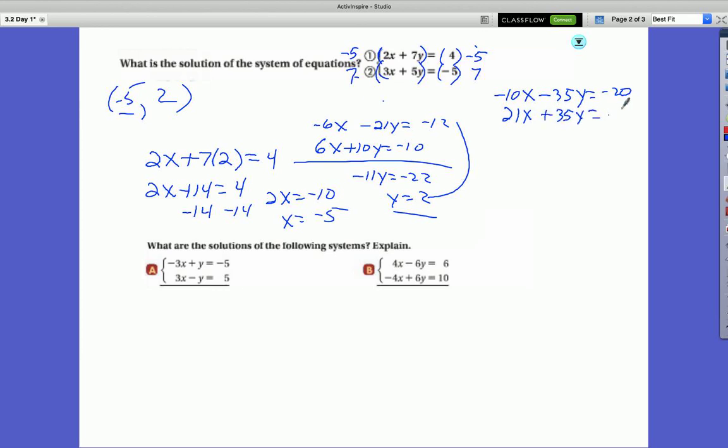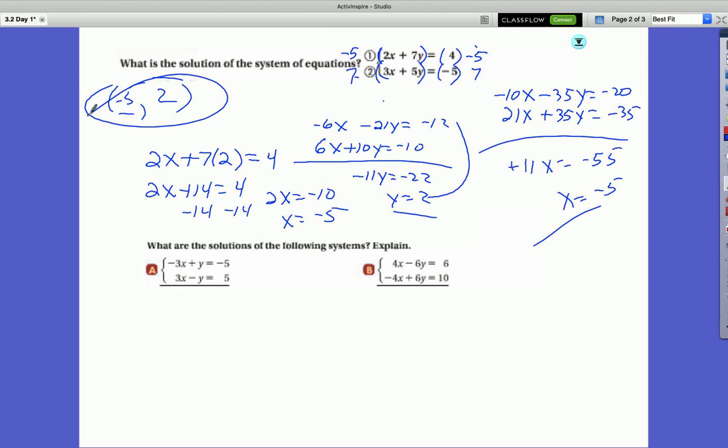Look what happens now. You get the y's that will cancel off. And you get x equal to -5, and you plug that value in, and you'd find the value for y. Just do it in reverse order. Okay? So either way, I didn't finish it, but we would get the same answer.